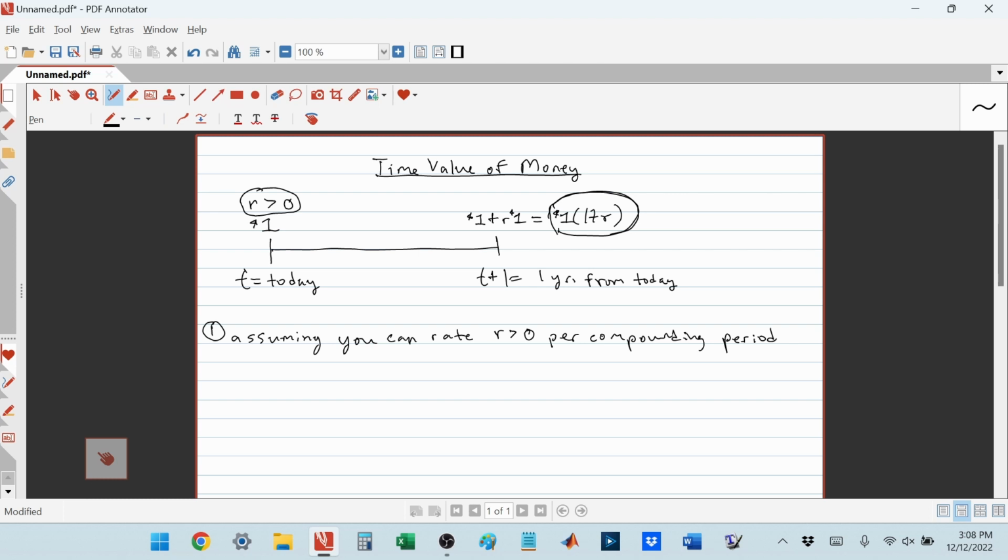Per compounding period, that means that you earn this interest rate R every time interest is computed or paid. That's what per compounding period means.